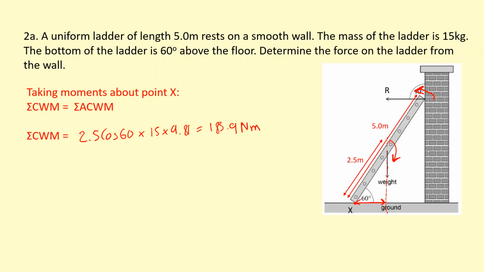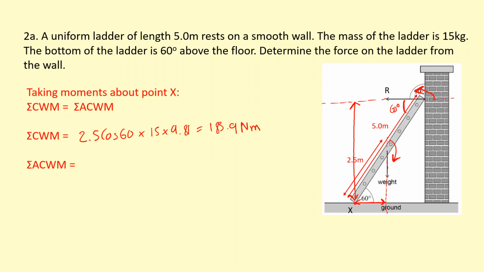Okay, what about the anti-clockwise moment? That's going to be from the reaction force. So if I draw the line of action of that, the perpendicular distance is going to be this, which is, if we draw this as 60 degrees here, because that's an alternate angle, we're interested in the opposite now.